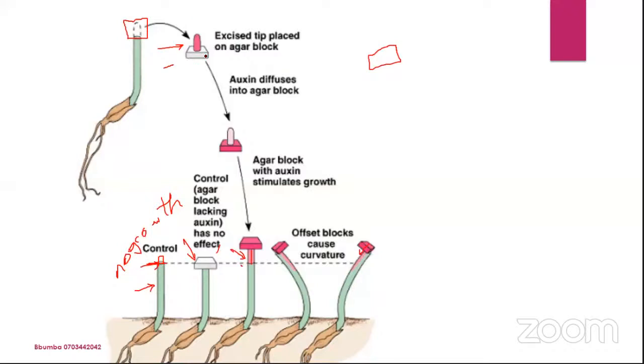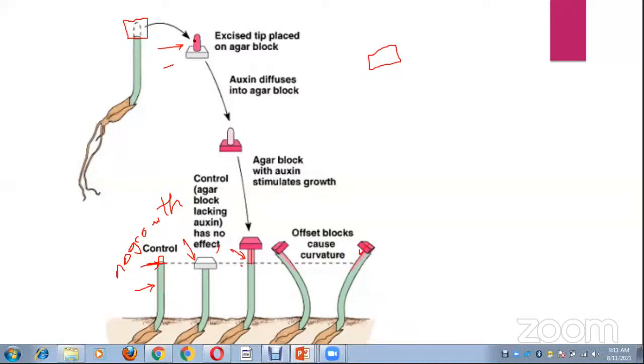So I was still telling you that you can see that this was purple, okay, and this one is colorless. You can see that it is colorless. Now, after some time, you can see that these hormones which were in this tip moved out of the tip and went into this block.